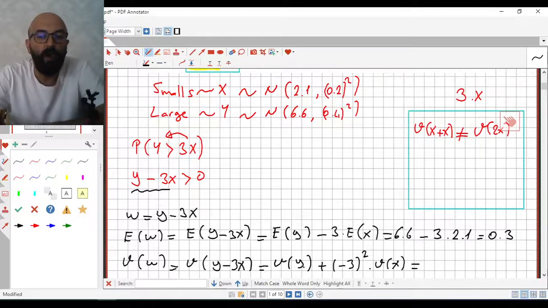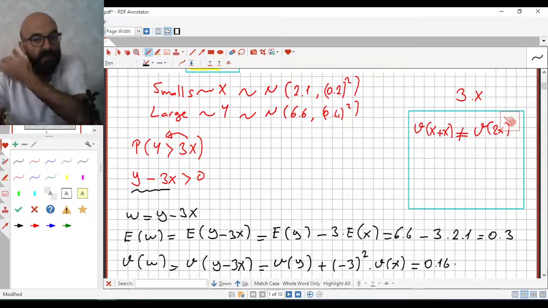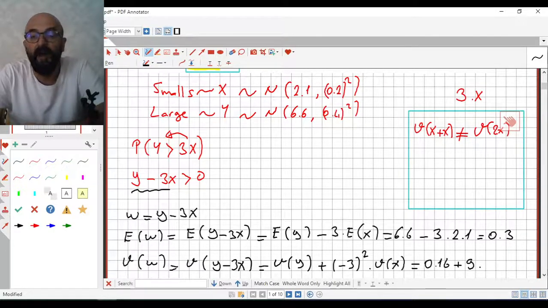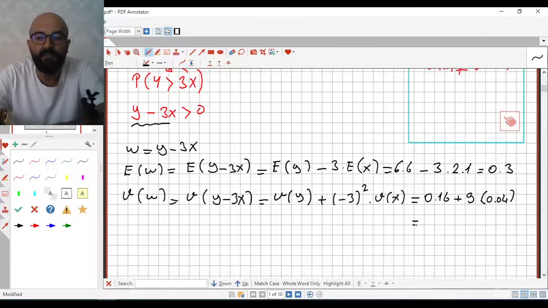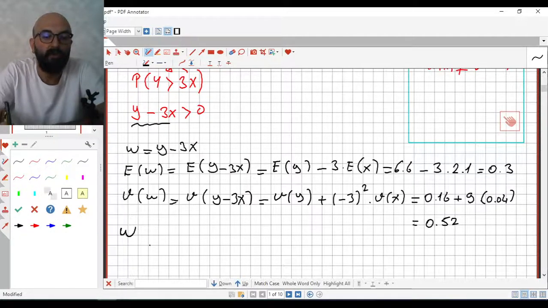The variance of y is 0.4 square, which is 0.16, plus 9 multiplied by the variance of x, 0.2 square, which is 0.04, and the variance is 0.52.